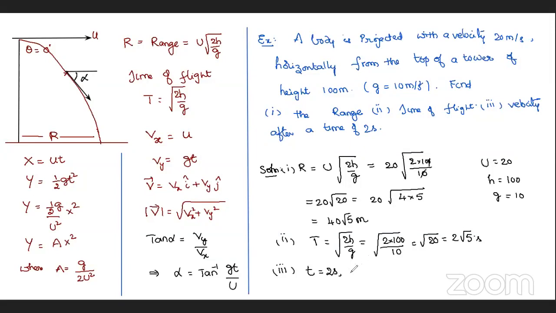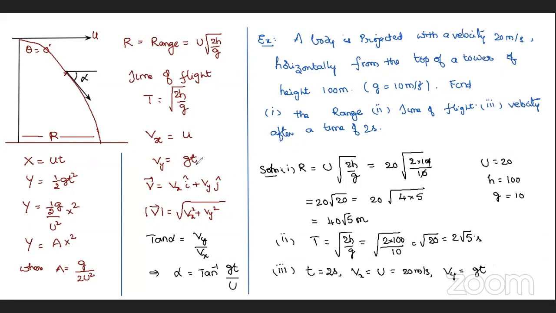So Vx is equal to u, that is equal to 20 meters per second, and Vy is equal to gt.